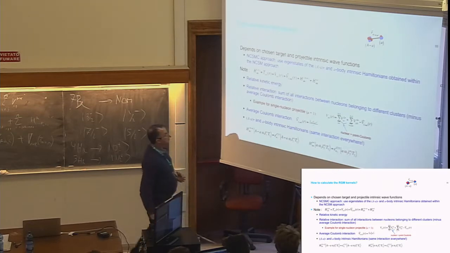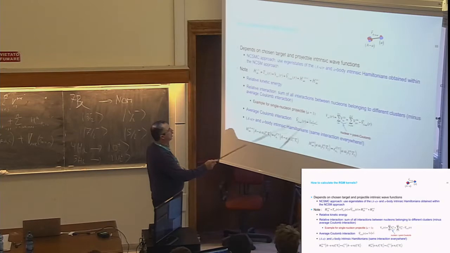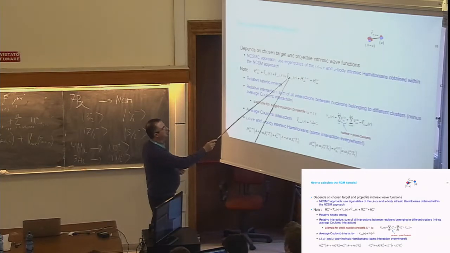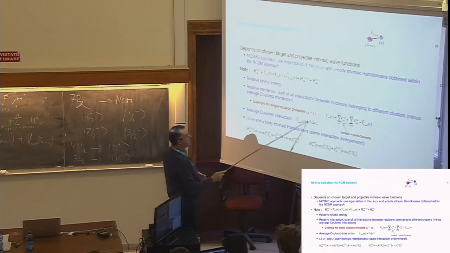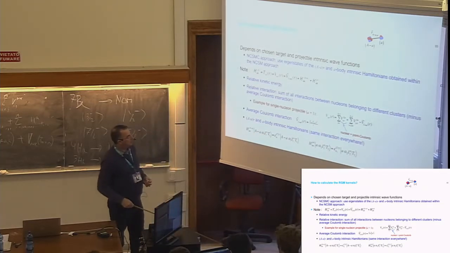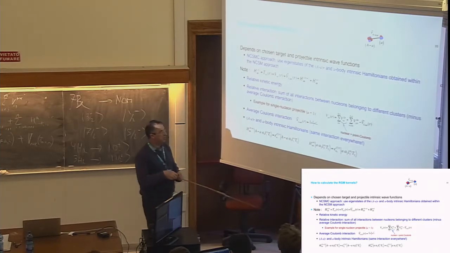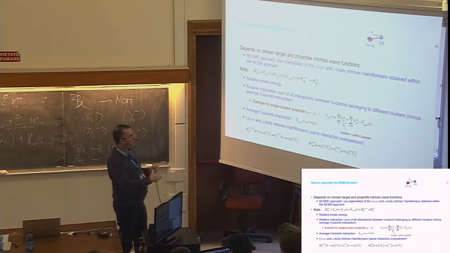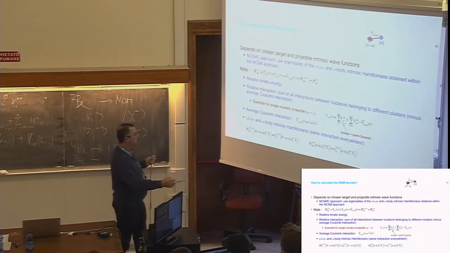So then what we do is we add that by hand here, and subtract that from this piece. So we are adding it and subtracting. I need to have it here so that it will allow me to construct the proper boundary conditions for these clusters when they are far apart, right?